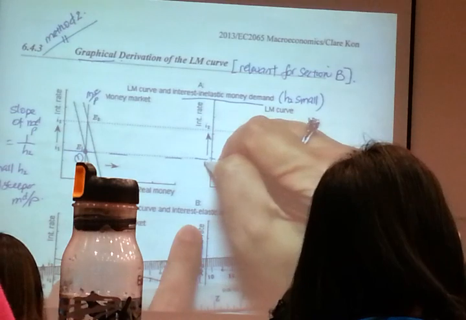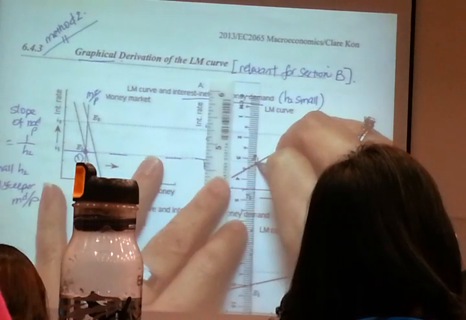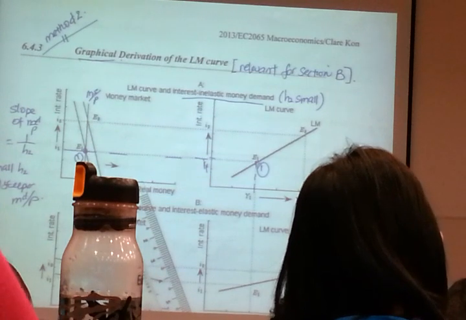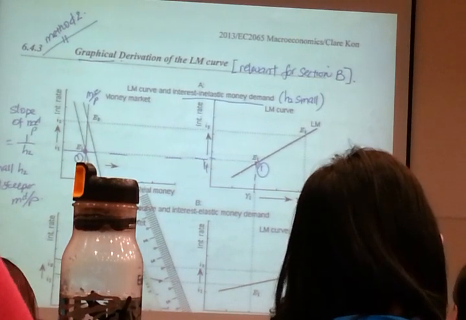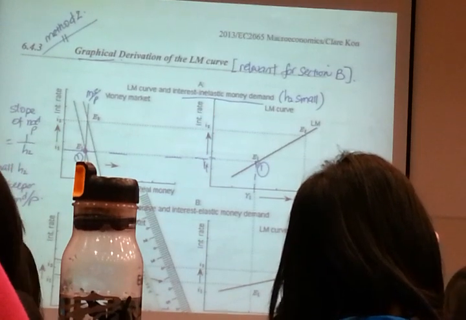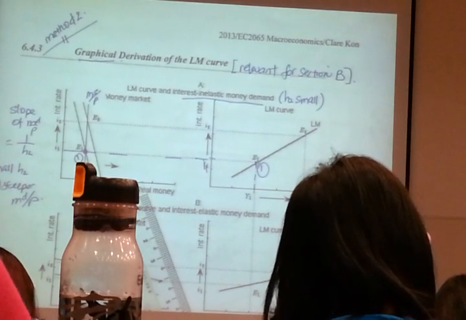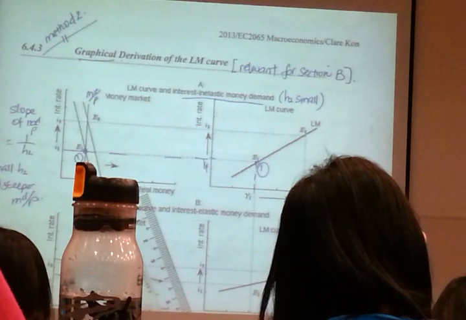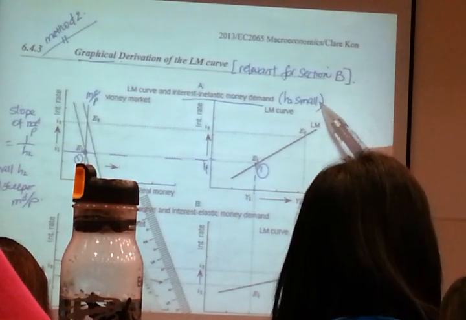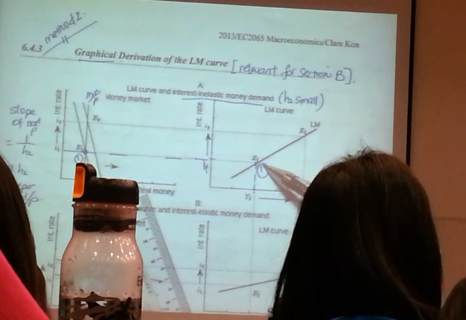You mark out I1, and you mark up your I1 with your Y1 on the right. So this is the graphical method. You must map the points. You don't draw the LM yet. You only draw E1 first.